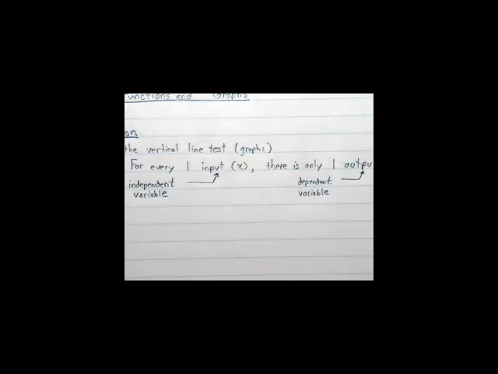So the value of y depends on whatever number we put in for x, our input. So that's why we refer to them as independent and dependent variables. Later on, as we get into some more complex stuff like differential equations, this idea of independent and dependent is going to come back around. It's going to be really important for us to understand. So good to get it out now.